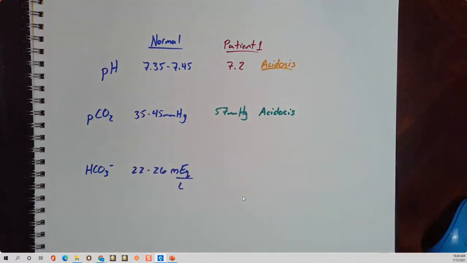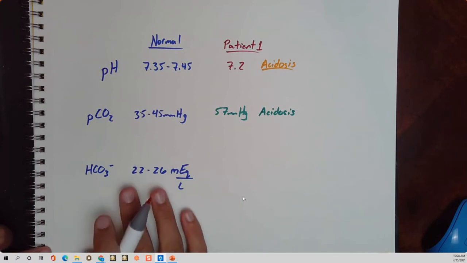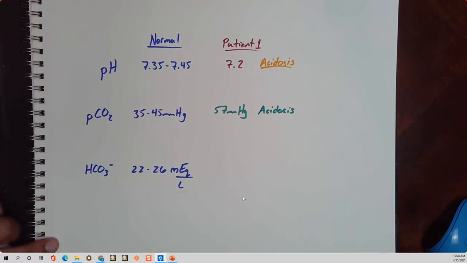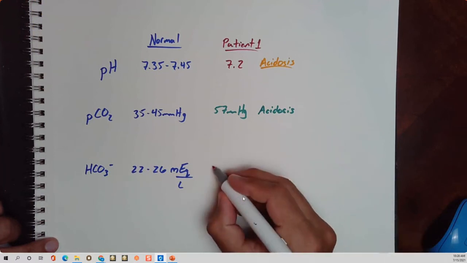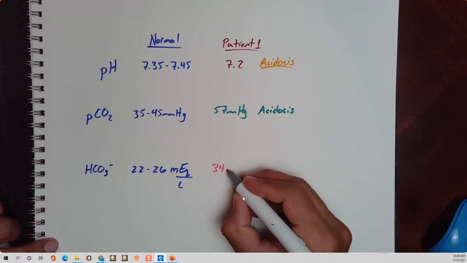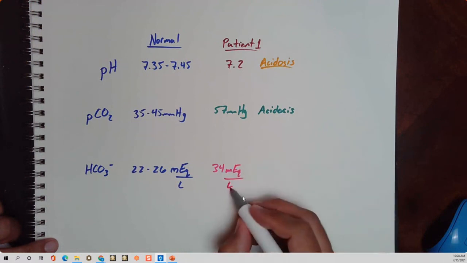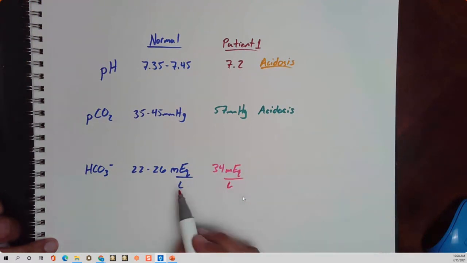Last but not least, let's look at the bicarb values. Remember, bicarb is a buffer. In this particular patient, let's throw out 34 milliequivalents per liter. Are the bicarb levels in this patient too high or too low? Too high.